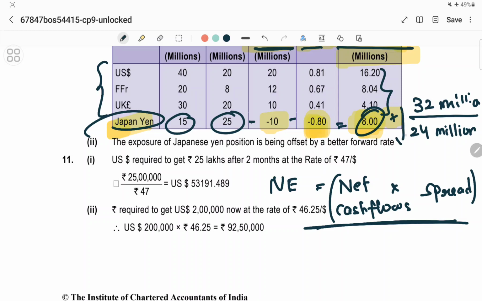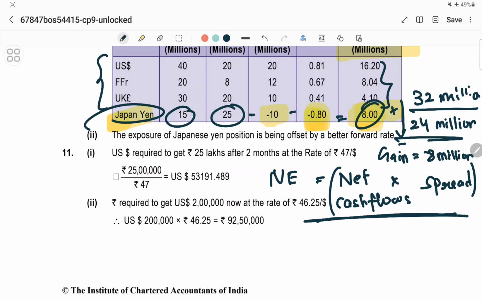There's a reduction in outflow, so there's a gain of 8 million. So the exposure of the Japanese yen position, which was 32 million, is being offset by a better forward rate, because now you have a gain of 8 million.